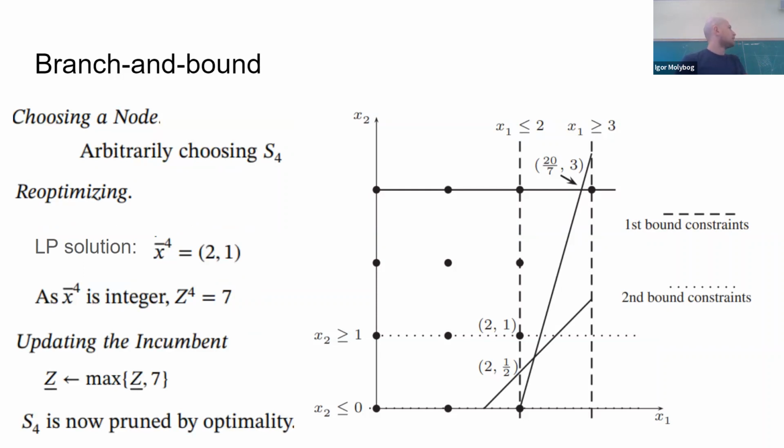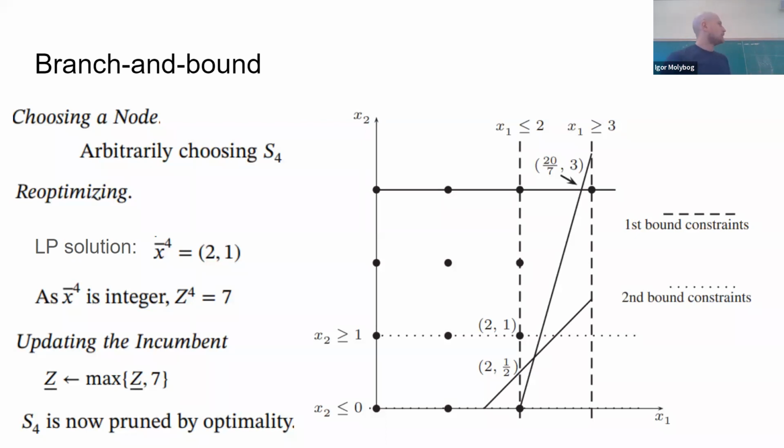Then we need to choose a node once again. We arbitrarily choose S4. We are re-optimizing, and our LP solution is x4 equal to 1, which is this point over here on this image. x4 bar is integer, and therefore it provides us not only with an upper bound for the node S4, but also with the lower bound for S4.